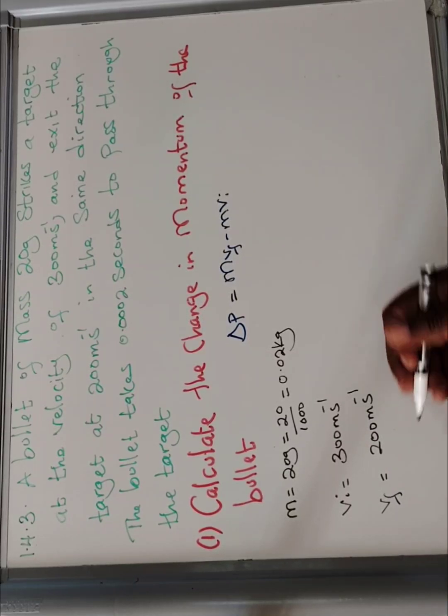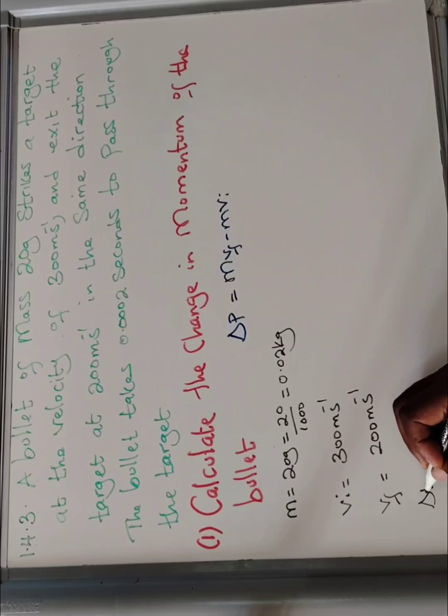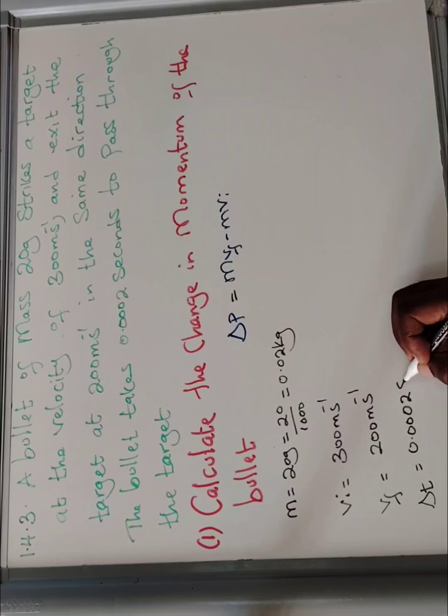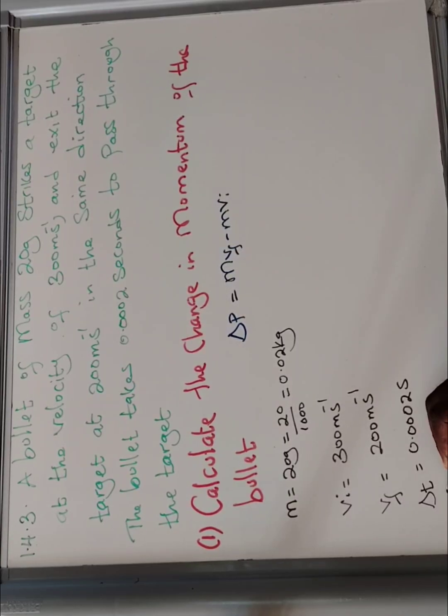And we know the time taken for the bullet to go through the target, which is 0.0002 seconds. Okay, with this information, you go back to our formula. Do you have enough information to substitute and get the answer? The answer is yes. We must not forget that our unknown here is change in momentum.